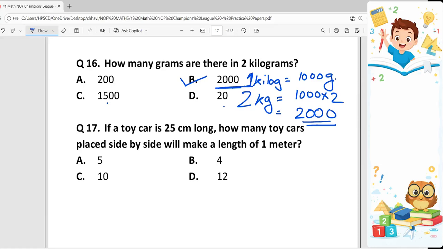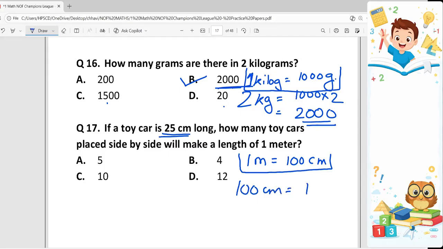17th. If a toy car is 25 centimeters long, how many toy cars placed side by side will make a length of 1 meter? Now see, the unit is 1 meter is equal to 100 centimeters. Okay, this is the main thing to remember over here, and also here 1 kilogram is equal to 1000 grams. Now 1 meter is equal to 100 centimeters, and they are saying that they have a toy car of 25 centimeters long. So in 1 meter, how many will come? So we can take it like this: 100 centimeters is equal to 1 meter.